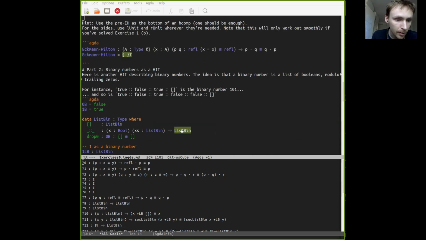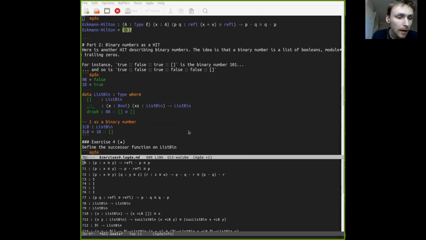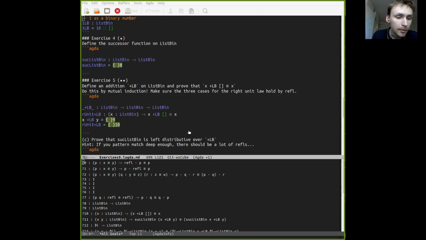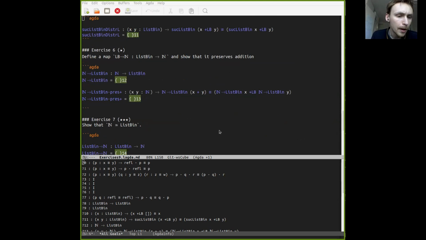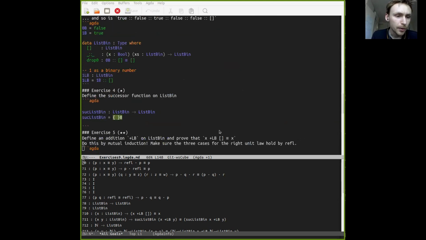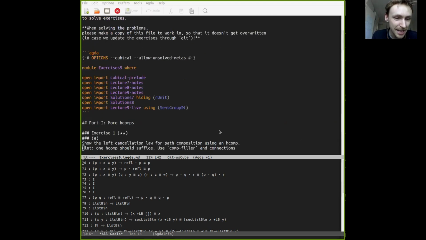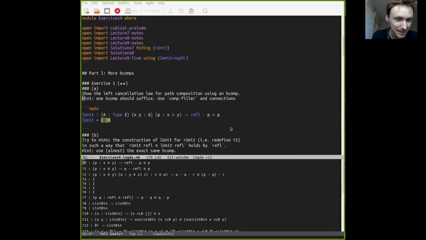It's about binary numbers, and I threw in a structure identity principle exercise relating to the binary numbers, which is similar to what you've seen in the lecture already. So any requests? Do you want to see HComps or do you want to see HITs? First one to answer gets to decide. I can try to do both too, of course.